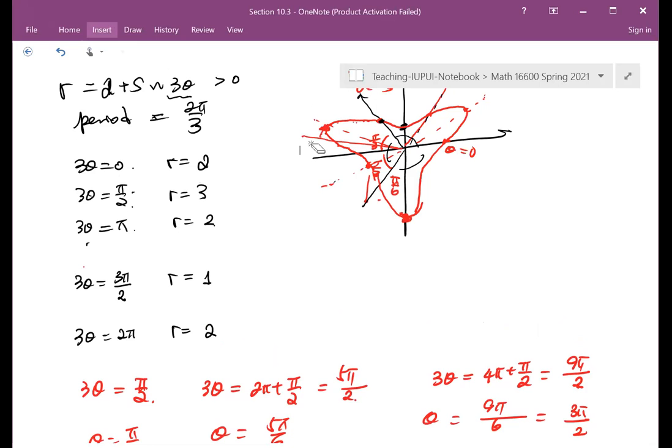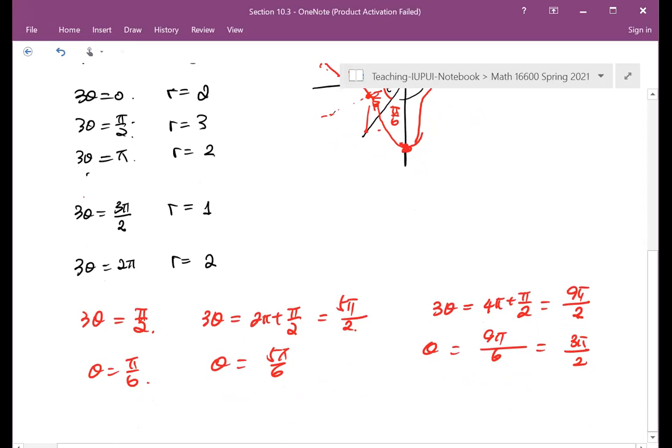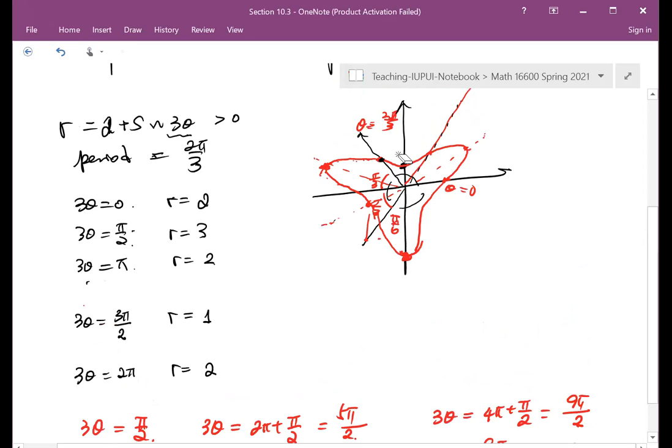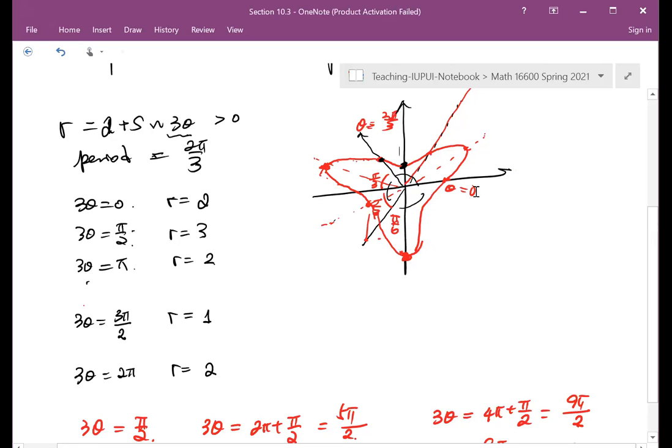So this is how I sketch the graph. I draw the graph for the angle from 0 to 2 pi over 3. Then I just copy it and divide the whole circle into 3 equal parts and duplicate the rest of it. Of course you have to be more precise.